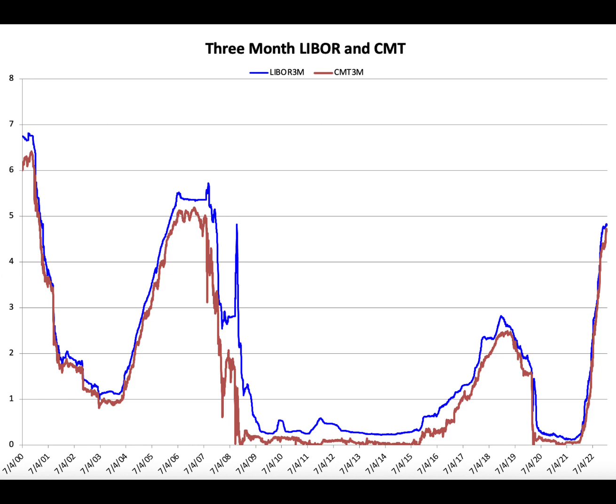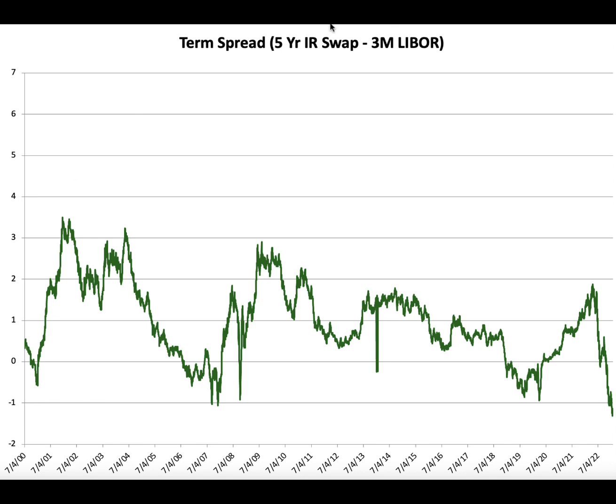And unfortunately, the people who were reporting LIBOR committed a variety of fraudulent acts, and that caused the LIBOR market regulators to want to put it out of existence. So the term spread, if you take the 5-year interest rate swap yield minus the 3-month LIBOR rate, and these swaps were tied to LIBOR, what you'll notice is that the vast majority of the time, this term spread is positive, but not always.